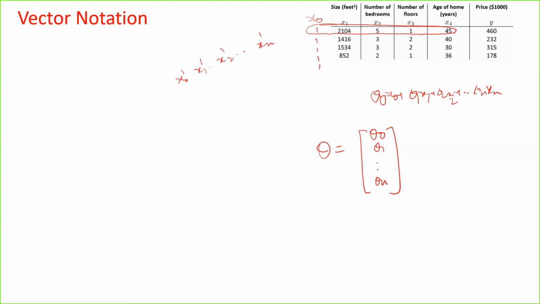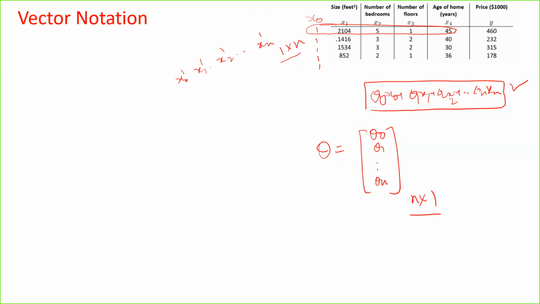Superscript 1 means it is instance 1, superscript 2 means it is instance 2. So what should I do in order to get this equation? Is it okay if I multiply this 1 by n with n by 1? To get this, will I get the same? I will get the same, right?